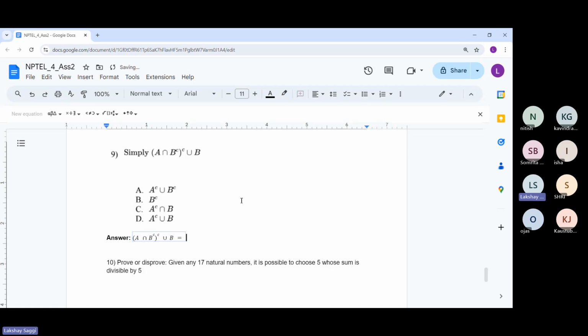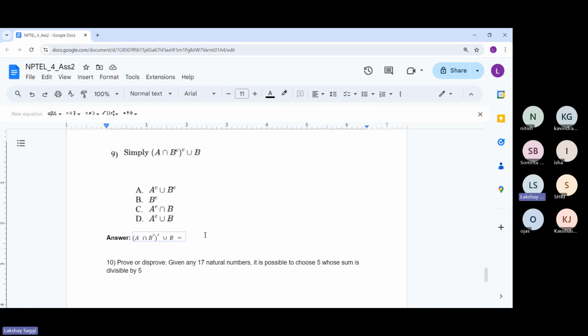So first of all, we simplify this expression using De Morgan's law. A intersection B complement's whole complement will be, so we take the complement of each of these terms and this intersection becomes a union.